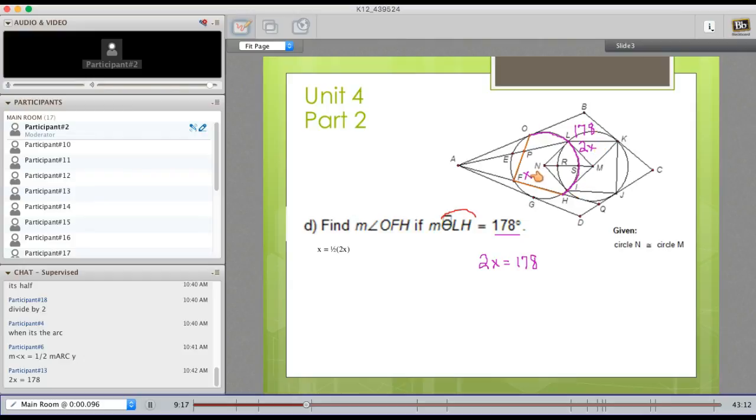If you know the measure of the angle, set it equal to x. That way it's kind of a no-brainer. If you solve this, you will take half of the 178. But then you won't get confused as to, do I take half or do I double it? If you set up your little algebra equation, that will help you sort it out if you're struggling with that part.